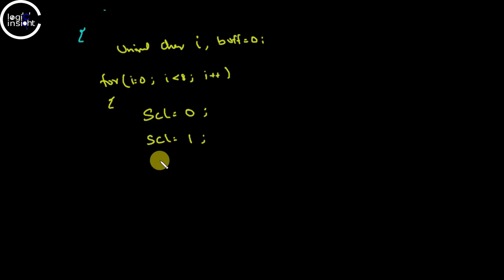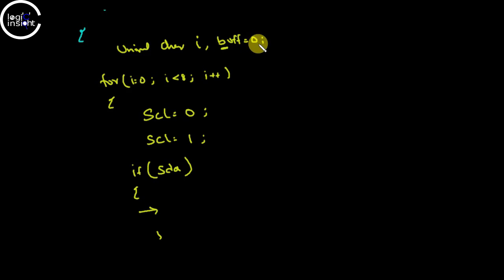Now I'll take the data because SCL is 1, right? After making SCL 1, I'll check whether the SDA line is 1 or not. If it is 1, then I'll store the data in the buffer. If it is not 1, by default the values in the buffer are 0. So the logic looks like this.